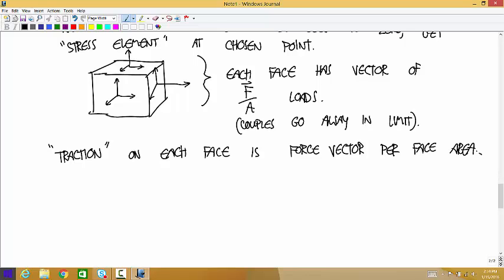So each face has 3 values, right? 3 components of force per area, 3 components of traction. We have 6 faces, so that's 18 total values of traction in the stress element.